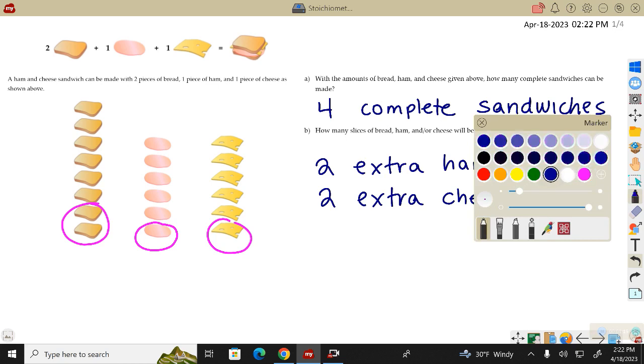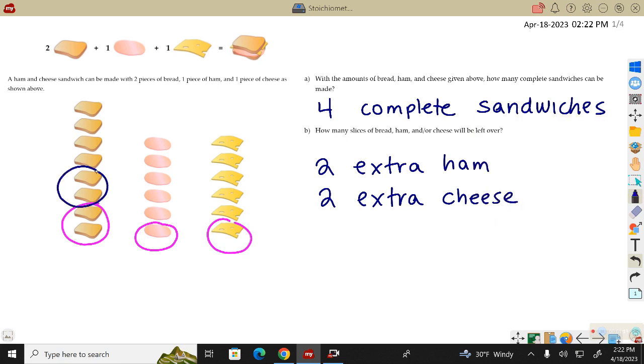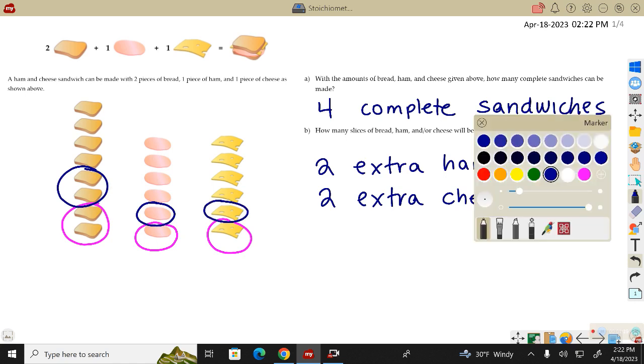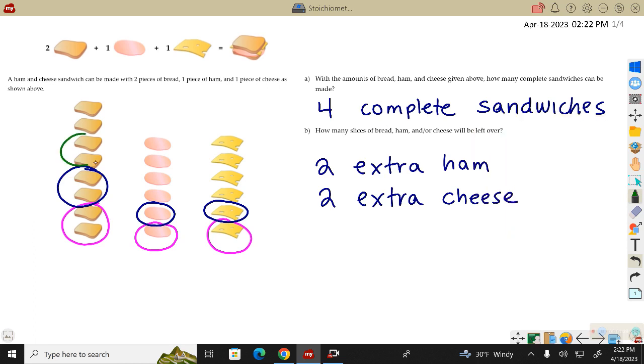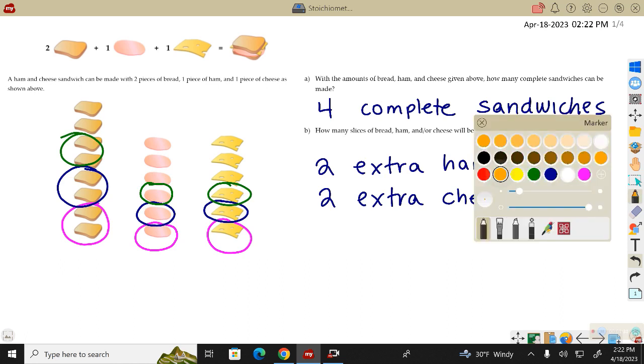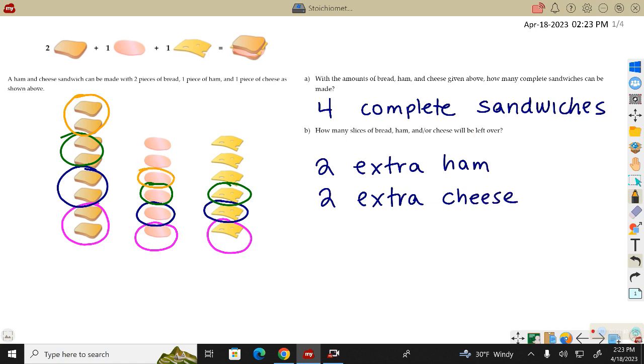So I can make 1 sandwich, then here's 2 pieces of bread, 1 ham, 1 cheese. All right, there'd be another complete sandwich. 2 bread, 1 ham, 1 cheese. There's 3 sandwiches. I can do it one more time. 2 bread, 1 ham, 1 cheese.